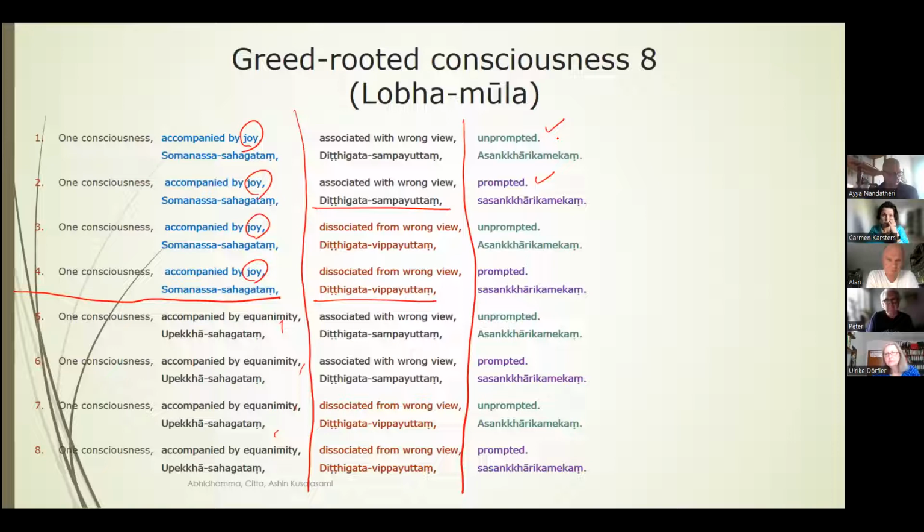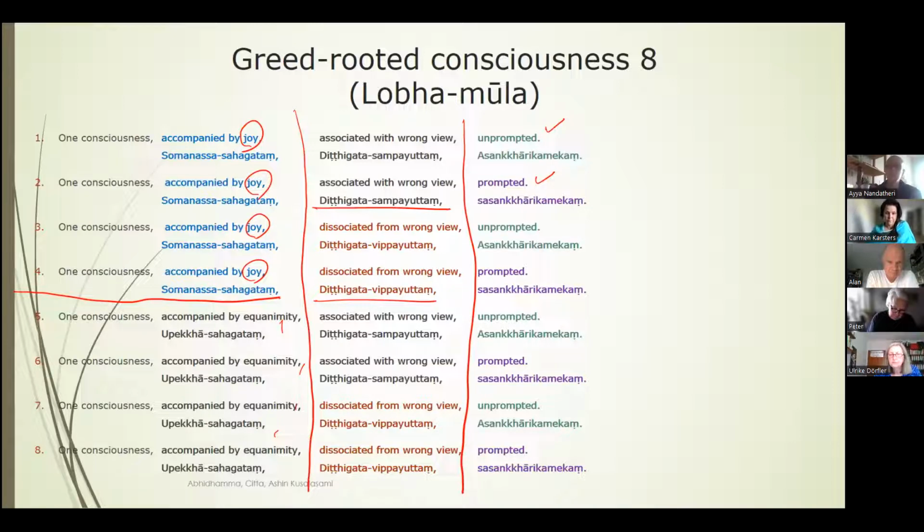At the beginning, I want you to remember, even though you don't understand very deeply. At the first step, you need to remember that greed-rooted consciousness is 8. What are they? You need to remember. Then later, you will understand more and more if you remember this basic knowledge. So my first point is to remember all this consciousness.